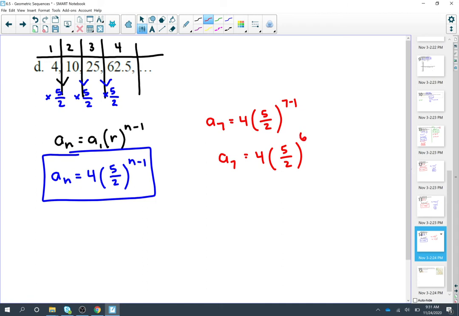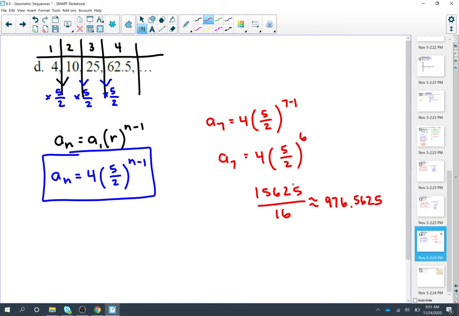So 4 times 5 divided by 2 to the 6th is, wow, 15,625 over 16, which if we make that one into a decimal, you're looking at roughly 976.5625.